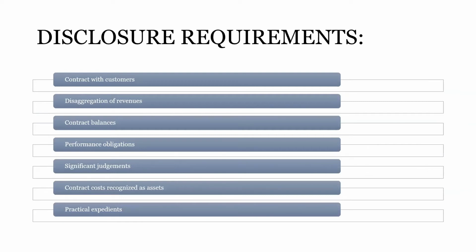So, sa full PFRS, if meron tayong mga revenues na hindi siya pasok dun sa PFRS 15, which is revenue from contracts, like for example, pasok siya as lease or pasok siya as interest, should be separately presented.